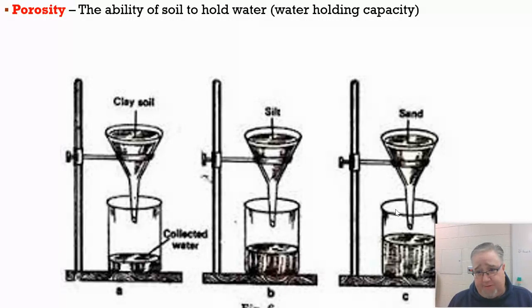One of the properties of soil is called porosity. Porosity is basically defined as the ability of soil to hold water. We also call that the water holding capacity. So here in this picture, we've got like this little lab setup, and we've got a little funnel in each one.